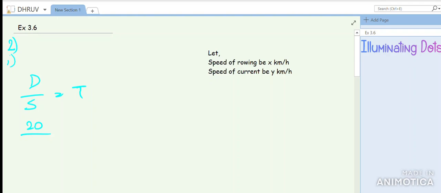So 20 upon x plus y equals the time, that is 2 hours. This is the first equation.